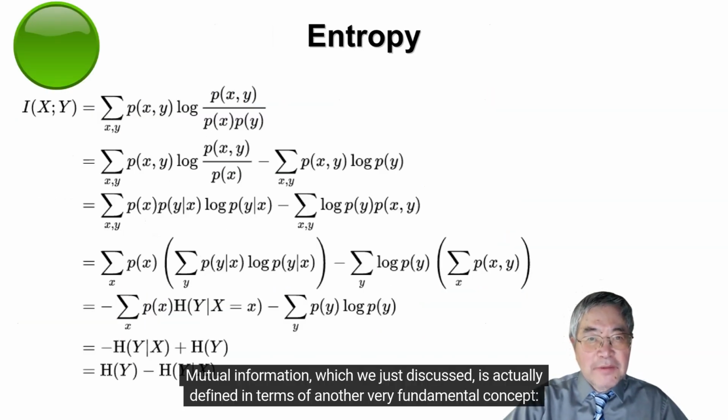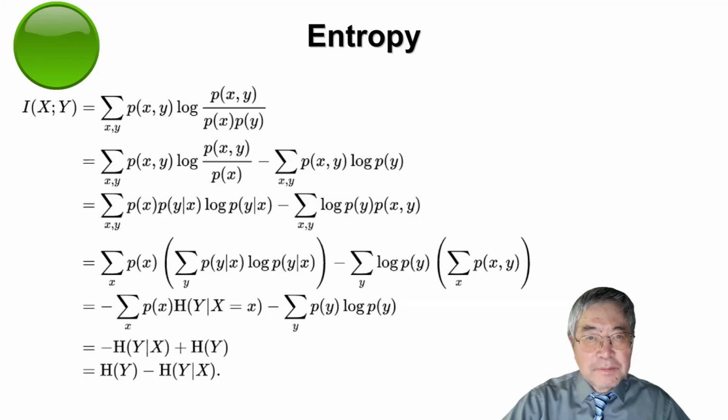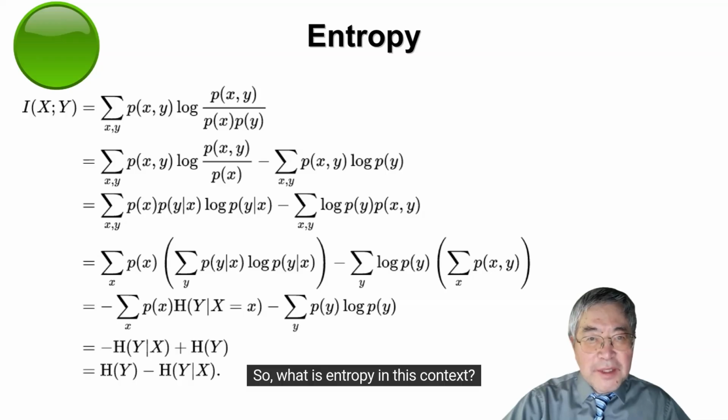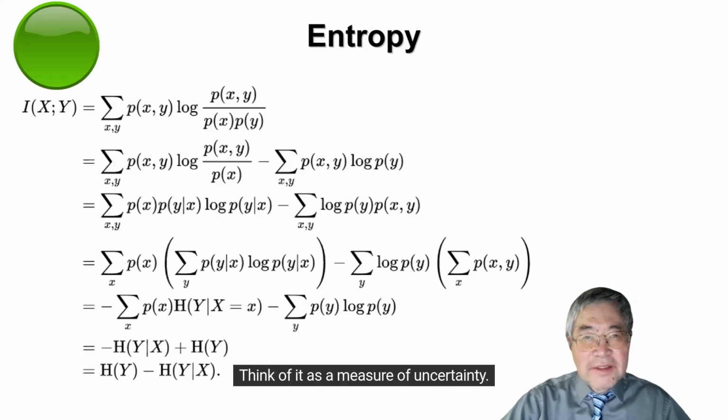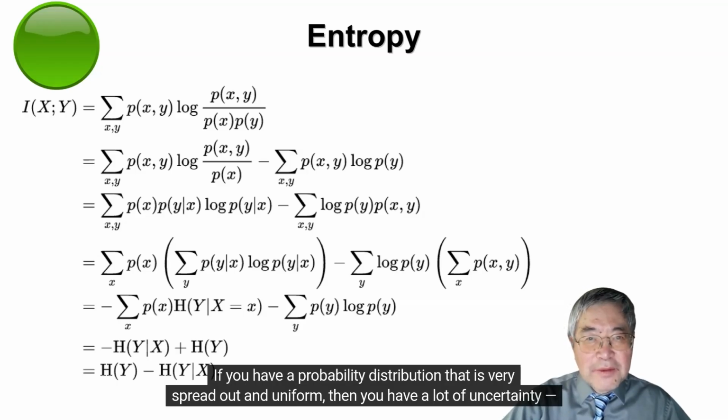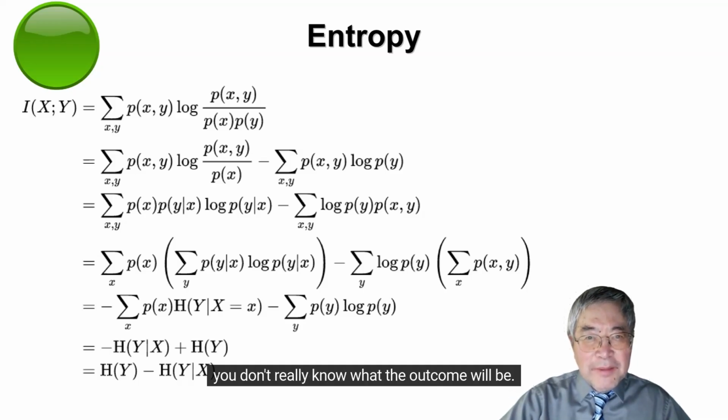Mutual information, which we just discussed, is actually defined in terms of another very fundamental concept, entropy. So what is entropy in this context? Think of it as a measure of uncertainty. If you have a probability distribution that is very spread out and uniform, then you have a lot of uncertainty. You don't really know what the outcome will be. That means the entropy is high.